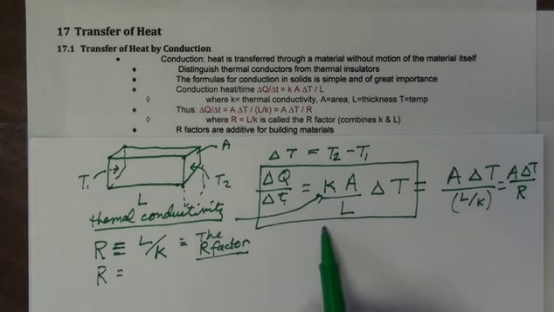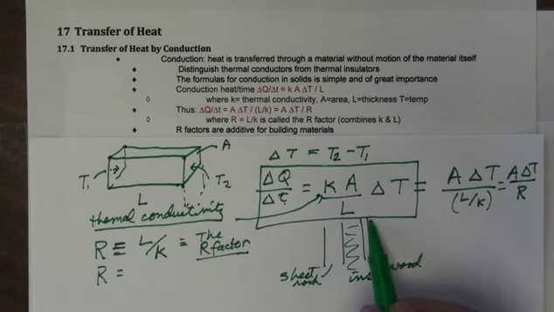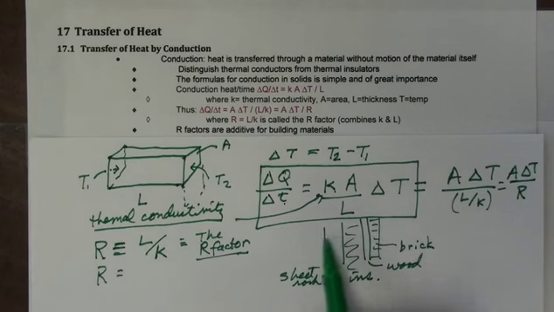And so if we have a wall and it has, say, sheetrock here, and then it has insulation and studs here, and then it has a board here, wood, maybe plywood, then it has bricks on the outside, then we want to figure out how much heat is moving through this wall.